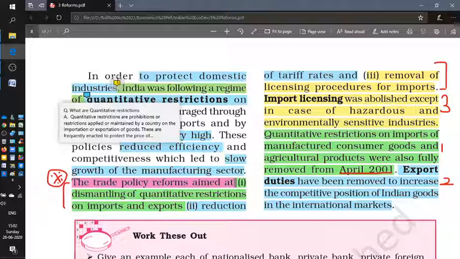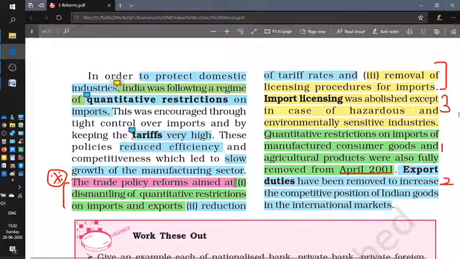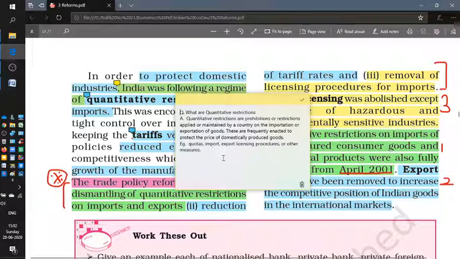There's always restriction. We have to follow the policy, the rules. And all these, instead of helping the economy, are detrimental to our growth. These are frequently enacted to protect the price of domestically produced goods. Since our industries were infants, we had to protect them. But if you keep on protecting, they will not grow.